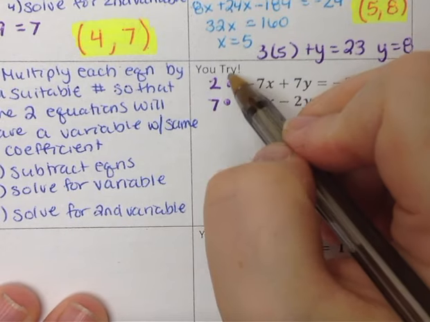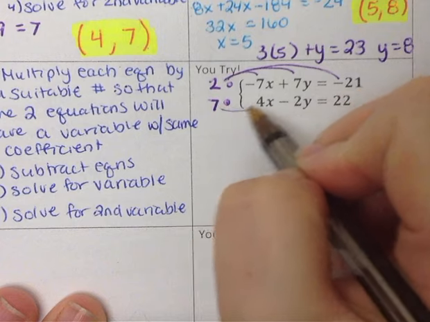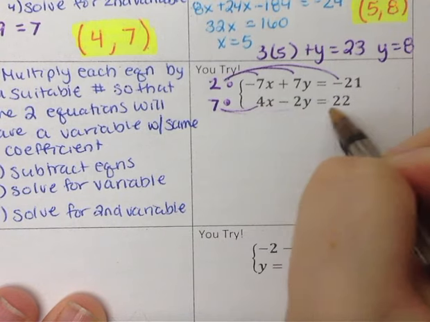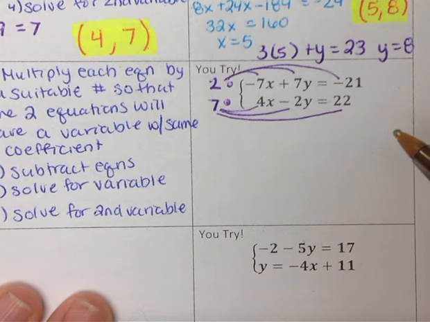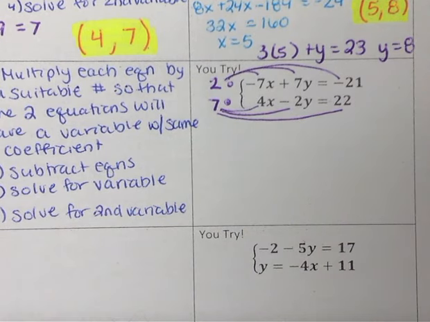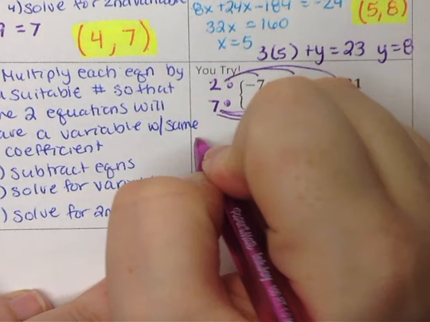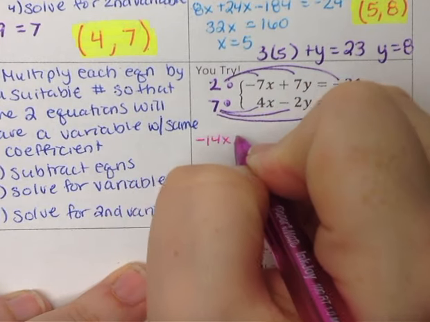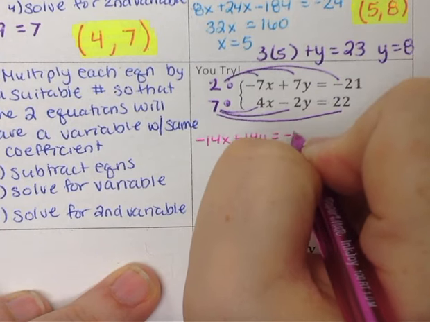I have to make sure I distribute these values to everything in that equation. The same thing with the 7. So the top equation will become negative 14x plus 14y equals negative 42.